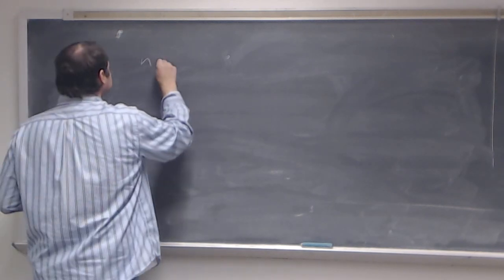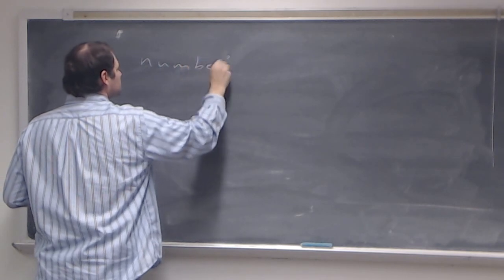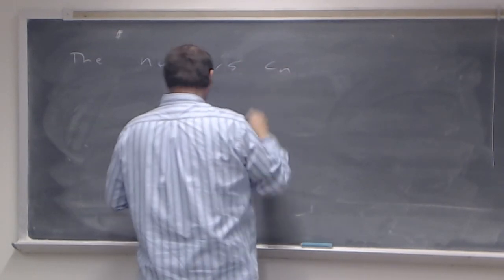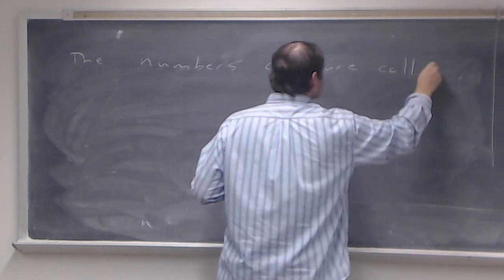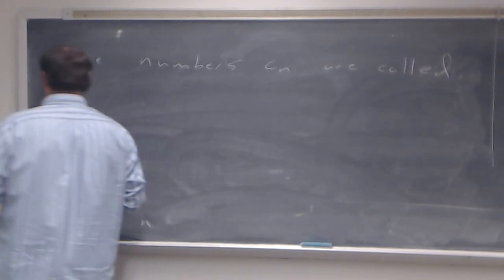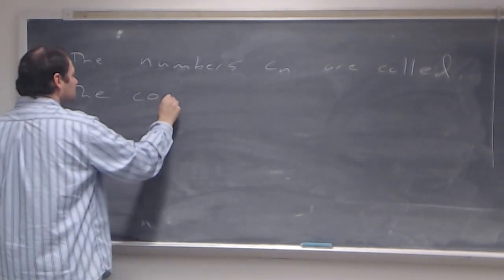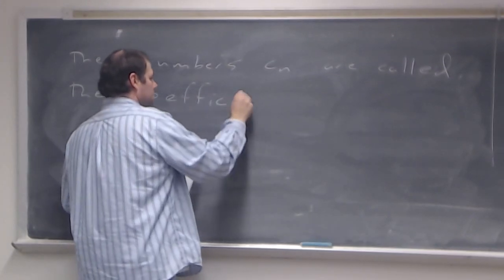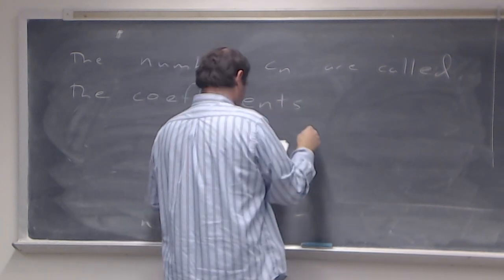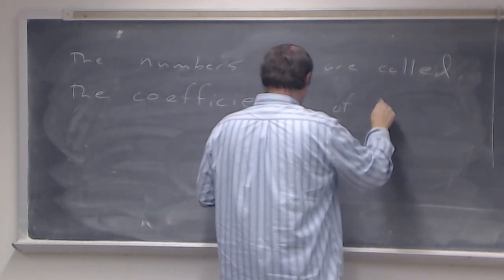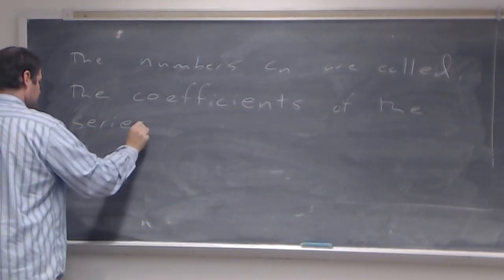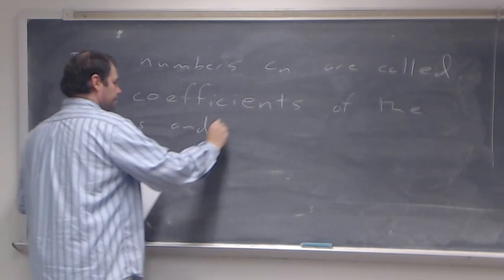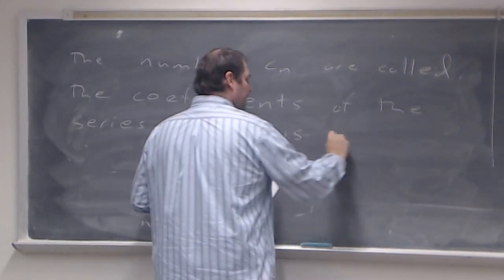Namely, the numbers C sub n are called the coefficients of the series, and z is a complex number.